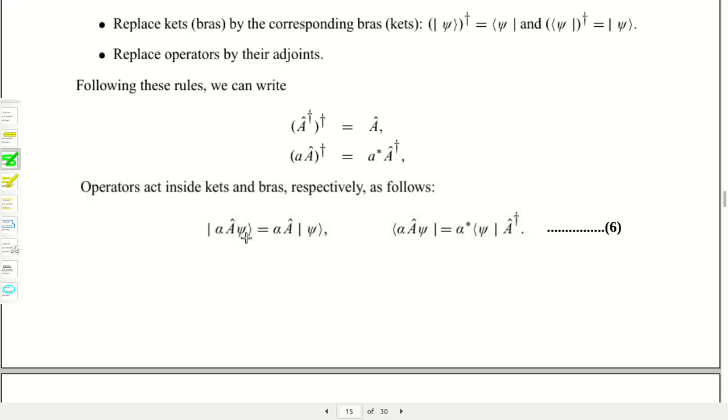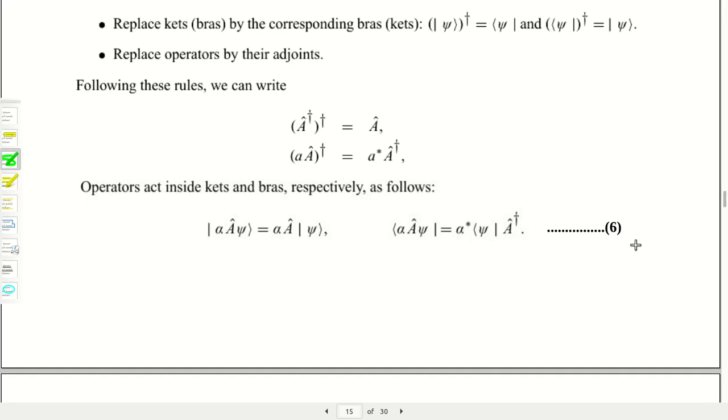So a ψ within a ket, φ = α a ψ, means you can take the α outside of the ket. And if the a ψ is in the bra, then the operator a will be on the right-hand side in dagger form, that is, the Hermitian adjoint form, and α will come out of the bra as a complex conjugate, that is α star.